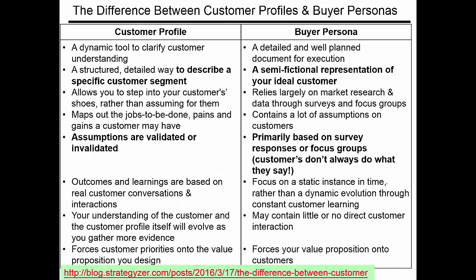Here is a quick comparison of customer profile and personas. We don't have time to go through this in detail. You can study it a little bit. The difference may be a little bit subtle. Sometimes people do use the two terms interchangeably, but I do believe that customer profile and persona are different.